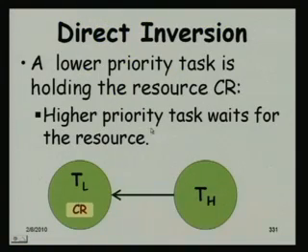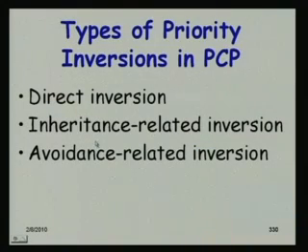And then we will also have an avoidance related inversion. First let us try to understand what are these 3 types of inversion, and then we will do some analysis based on how much a task will undergo inversion due to all its resource requirements.